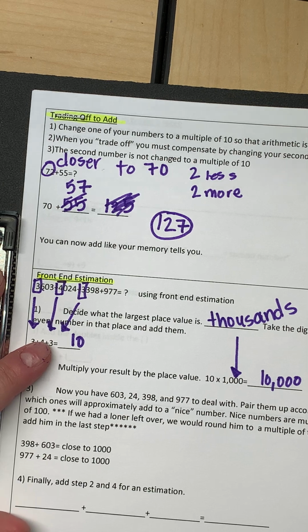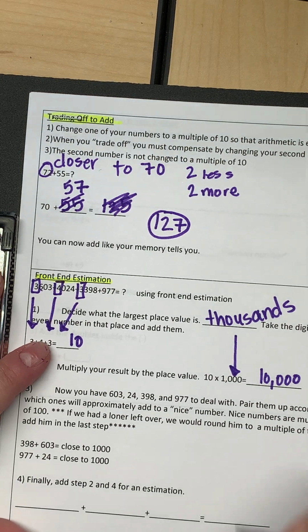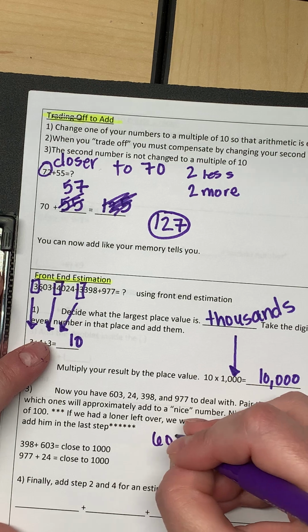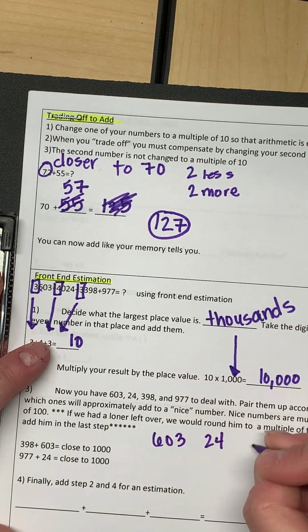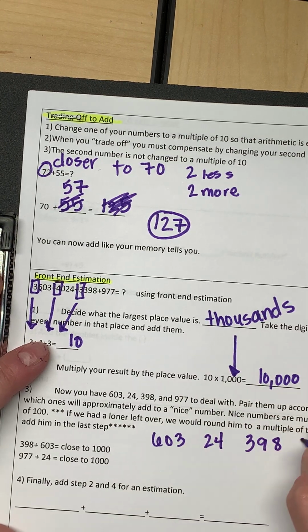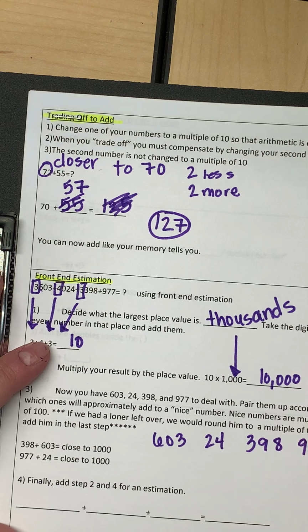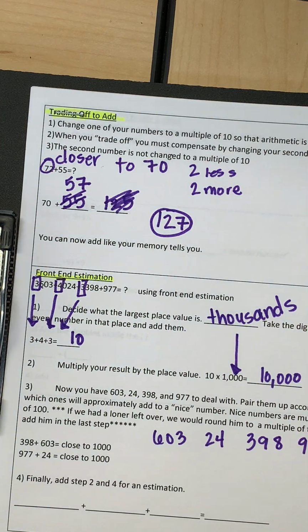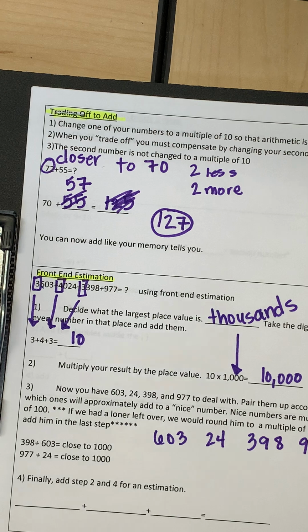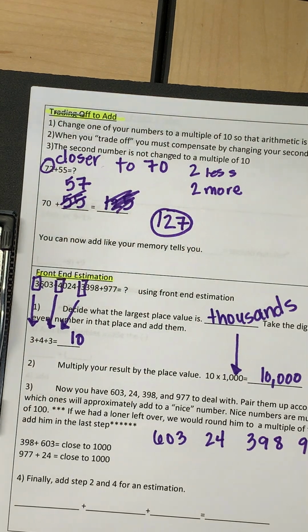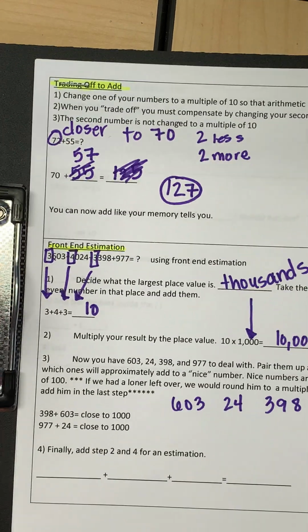Okay, so out of 603, 24, 398, and 977, we're trying to add two of these to get to something that is either 500, 600, 700, 800, 900, 1,000, 1,100, 1,200, 1,300, something with 100 on it.